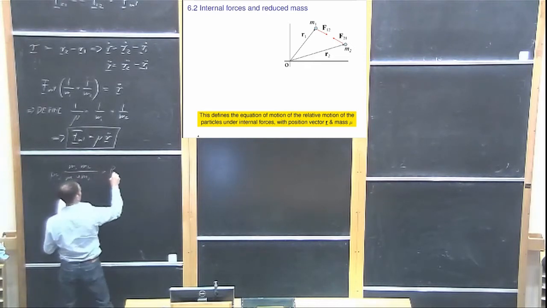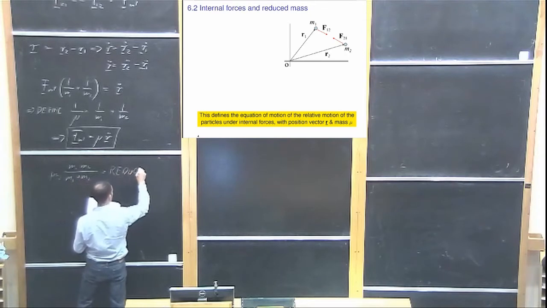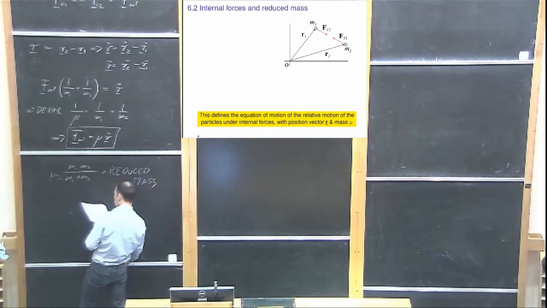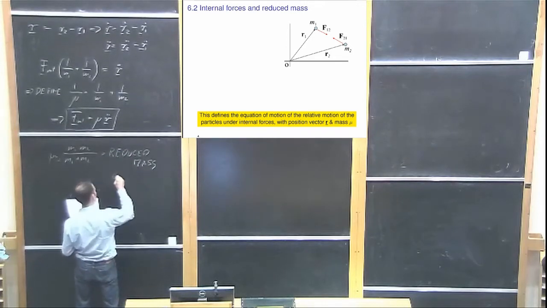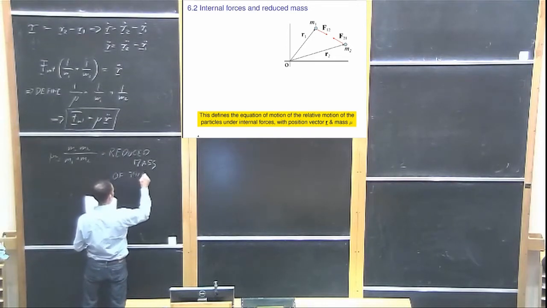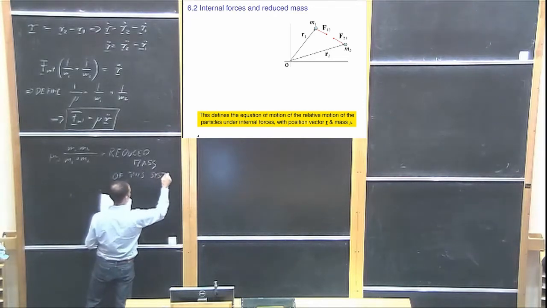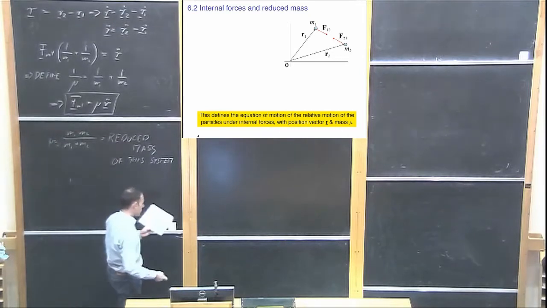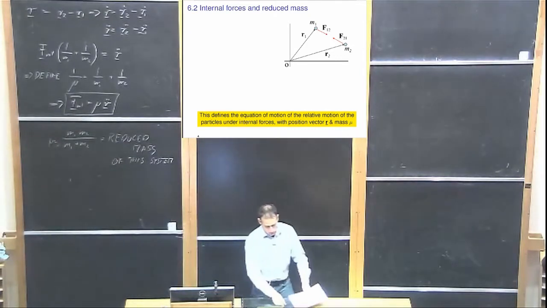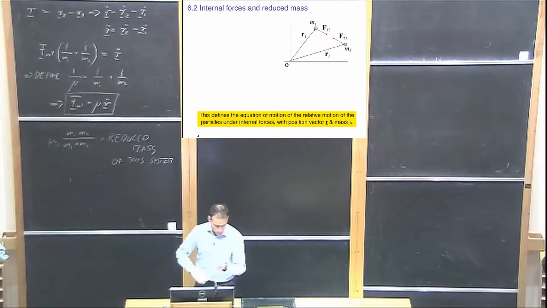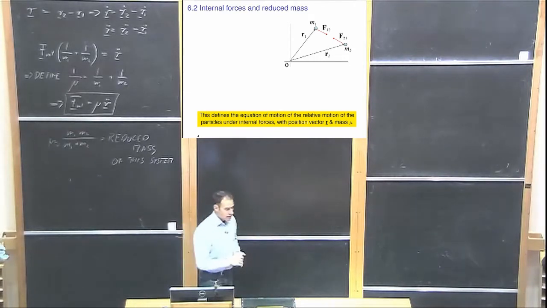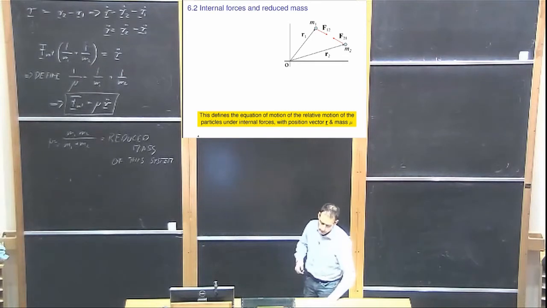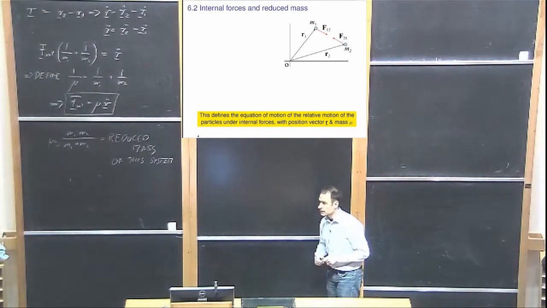This is the reduced mass of this system, which in our case had two masses only. Now, the reduced mass is very, very useful in systems where masses can move around and shoot around. And we'll do one example to highlight its usefulness.